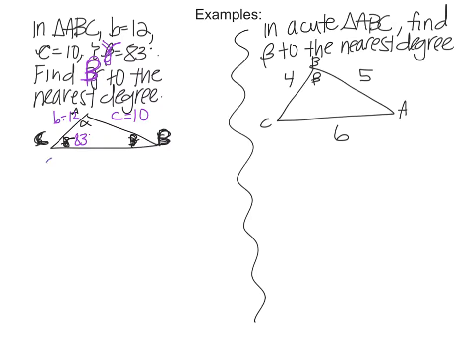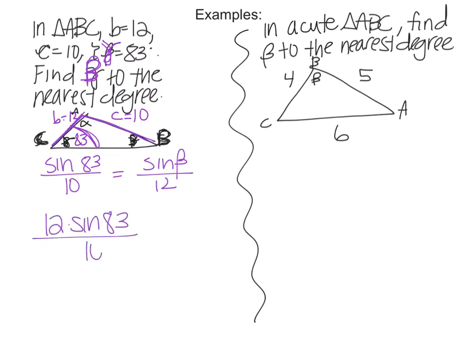Okay, so we have that the sine of 83 divided by 10 is equal to the sine of beta over 12. And we know that because we have two sides and a non-included angle, right? So we can do the law of sines. So we end up getting 12 times the sine of 83 over 10, and that equals the sine of beta.